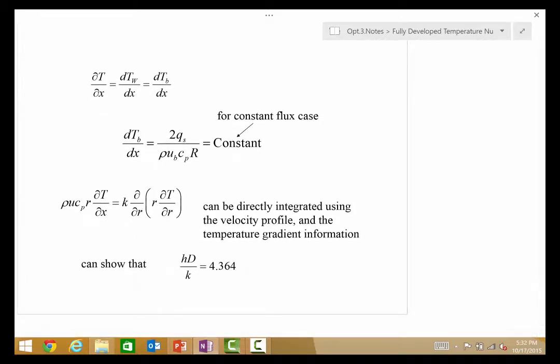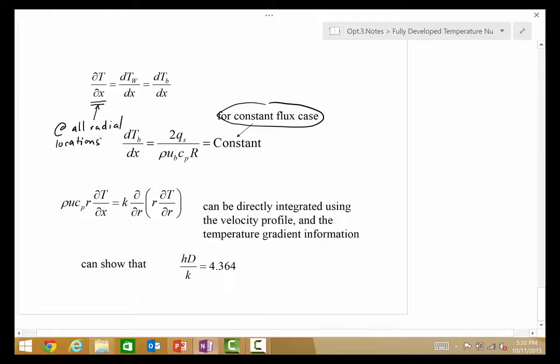So what we find out, and interestingly enough, is for these constant flux cases, everywhere that we look, dT/dx at all values of r, at all radial locations, the change in temperature with respect to x is always linear.